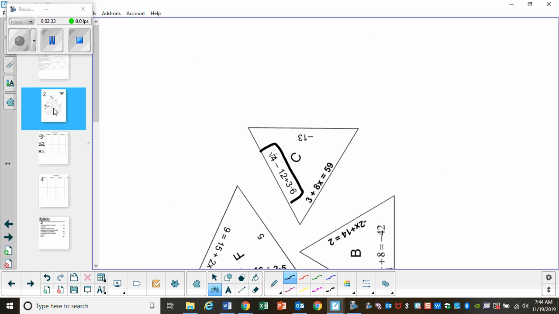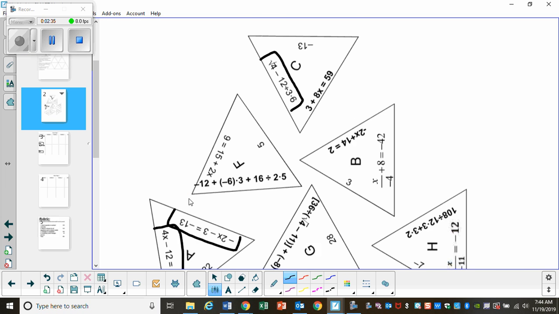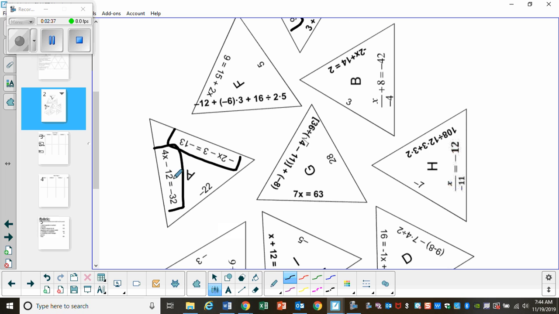So if you go back and look at the pieces, we look at piece A, we solve these 2 equations, but there's this solution here, negative 22, so that matches to either an expression or an equation on another piece. So you're going to want the sides to touch. So whatever expression or equation equals negative 22, it's going to touch this side of the triangle.